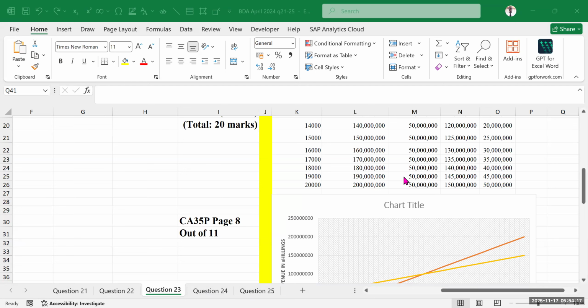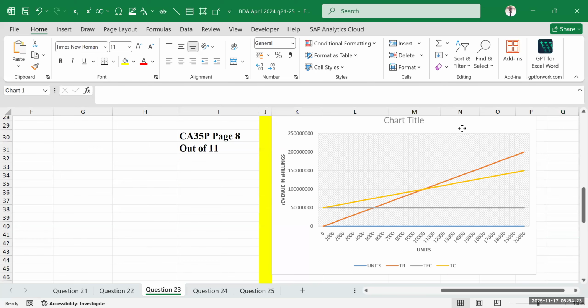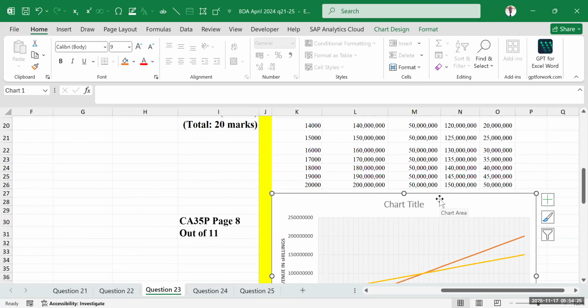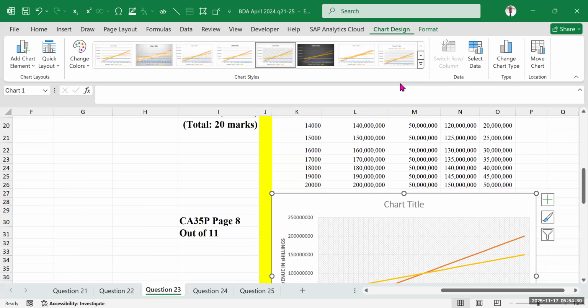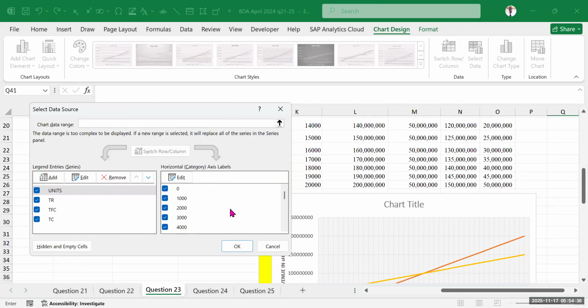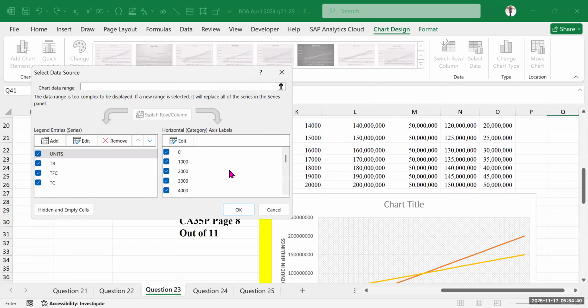All right. Somebody is asking, repeat how you change the axis units. So how I did it: click on the chart, go to chart design. Then after clicking on the chart design, go to select data. You'll see there is this pop-up window.